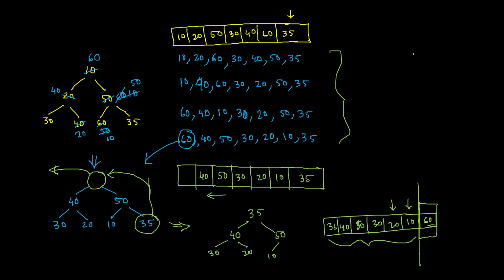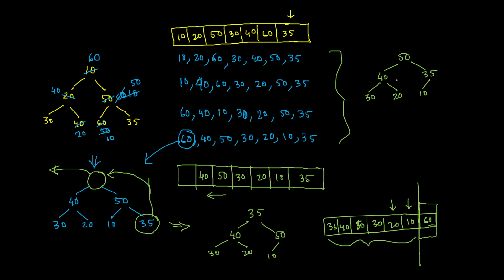That means we will have a situation something like 50 will come here, 40 will come here, automatically there is no change, and instead of 50, 35 will come, and 10 is here.